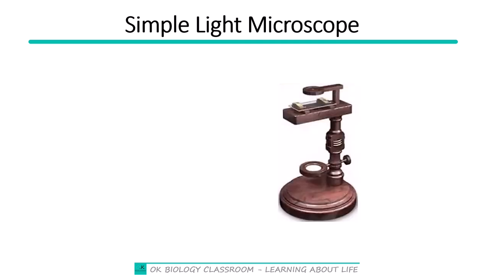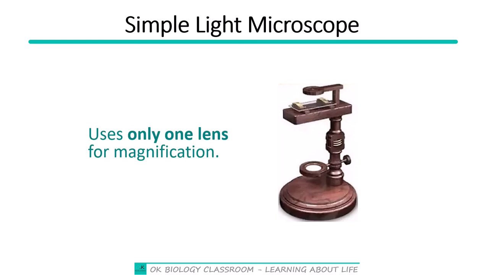Yes, this is one of the earliest microscopes that was used in the very times when microscopes became a needful tool in biology. It is a very old one. Now we call this simple light microscope because it uses only one lens for the magnification. And you're going to understand this better when we get to the compound light microscope. So this is the lens we are talking about.